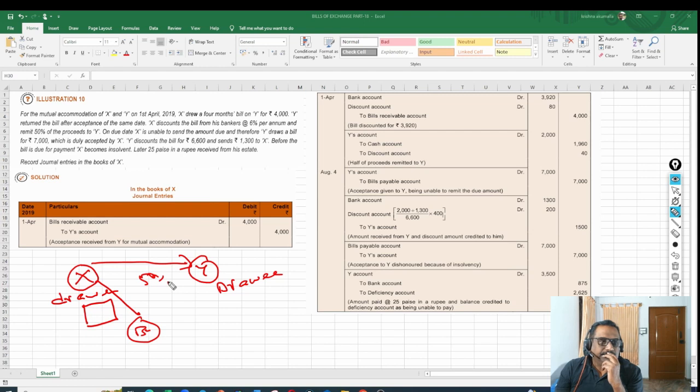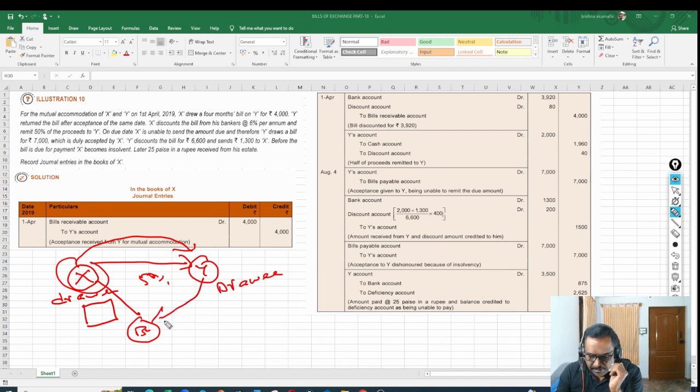Next, what happened? On the due date, X is unable to send the amount due, and therefore Y draws a bill for 7,000 rupees, which is duly accepted by X. Here, what you need to understand is, on the due date, what is X supposed to do? X is supposed to pay back the amount used by him to Y. Why? Because Y accepted the bill.